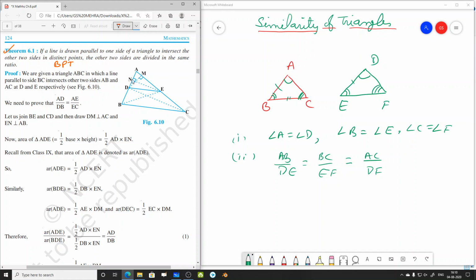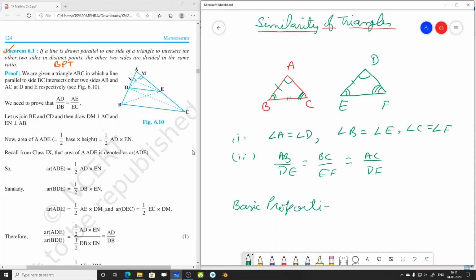So, here I will first explain to you diagrammatically what is the meaning of this particular theorem. Theorem 6.1, that is the basic proportionality theorem, BPT.